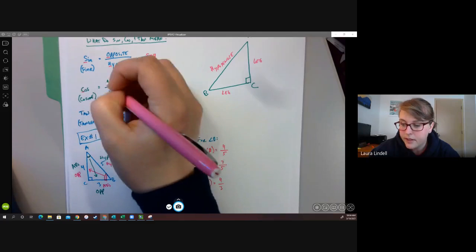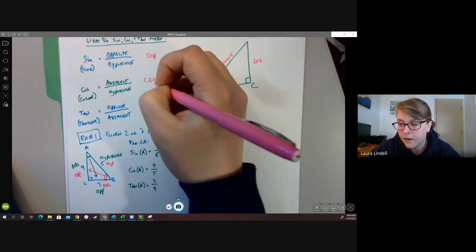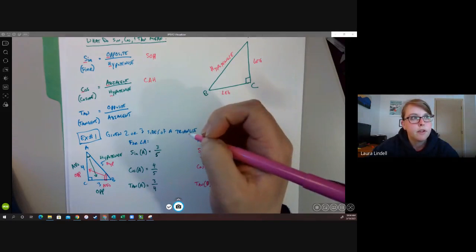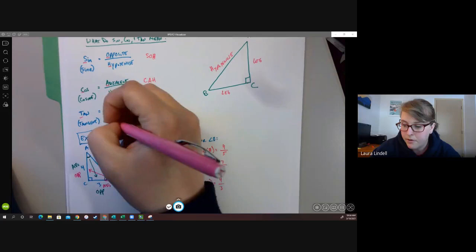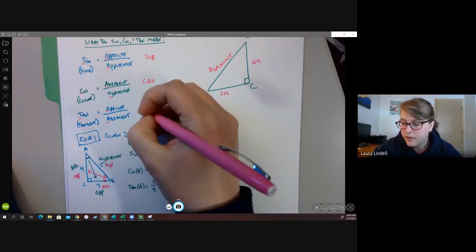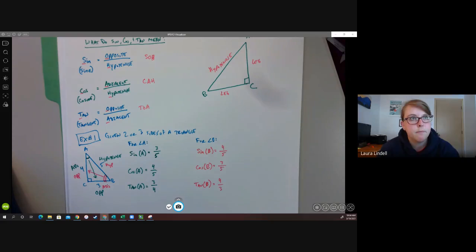So they went, okay, CAH. Cosine is adjacent over hypotenuse. That's how I'm going to remember cosine. And then tangent is opposite over adjacent. TOA. Tangent is opposite over adjacent. That's how I'm going to remember tangent.